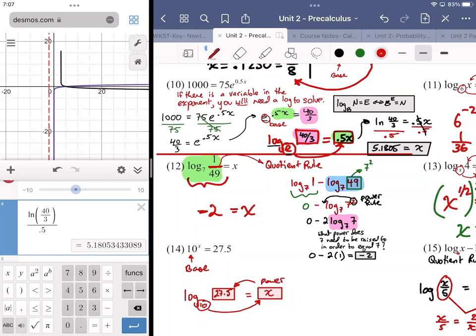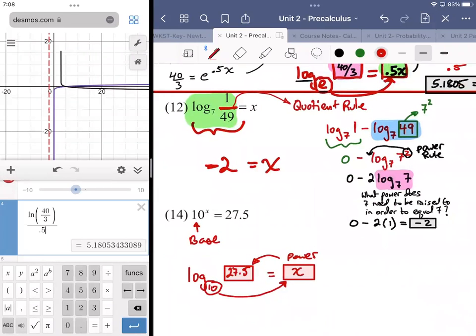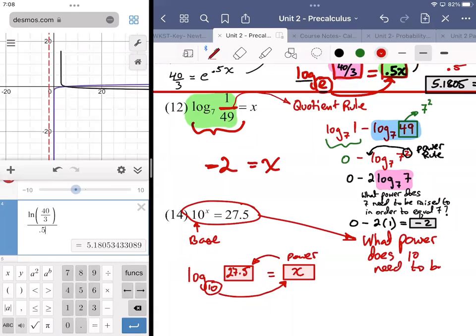Also, if you know the definition of a logarithm, you can figure this out without knowing any shortcut rules to convert into log form, because early on I was saying, and it's still written right here, when you see something like log base 7 of 7, I'm saying, what power does 7 need to be raised to in order to equal 7? This is really saying, what power does 10 need to be raised to in order to equal 27.5?